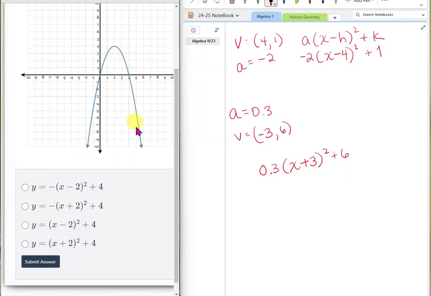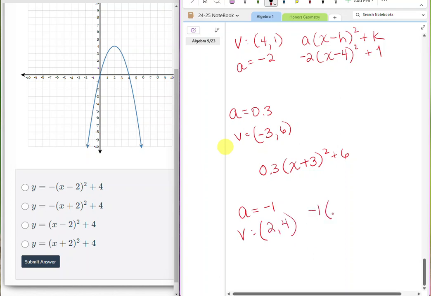This one opens down, so A has to be negative. So it's going to be one of these two choices. So we can ignore these two. From there, we know that A is equal to -1. For the vertex, we went 2 to the right and 4 up.